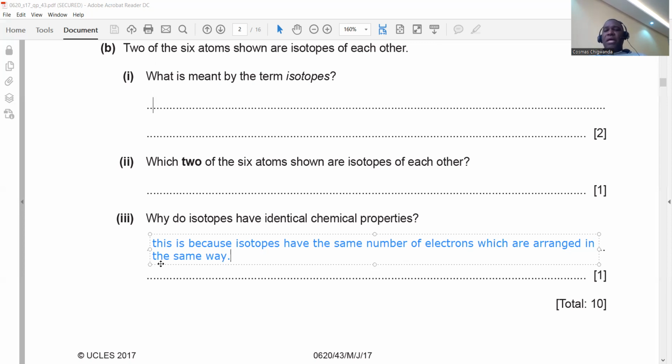So isotopes could be different in terms of their masses, but in terms of chemical reactions, they are the same, because they have the same number of electrons, they'll be found in the same group of the periodic table, and they will have the same electronic configuration.